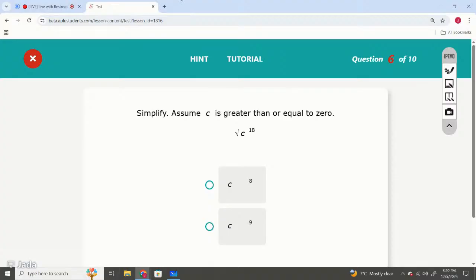So which is the correct option? That is c exponent 9.